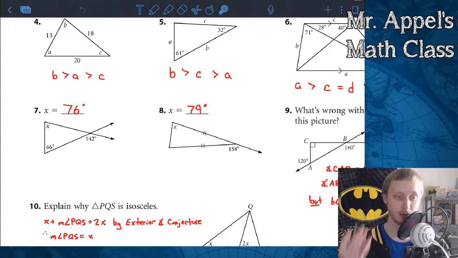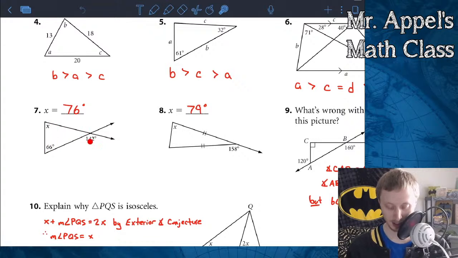You combine those two facts and you get the exterior angle conjecture, which just says an exterior angle on a triangle like this will be equal to the sum of the non-adjacent interior angles. So from there, we can jump to say x plus 66 equals 142. That's kind of a nice little shortcut there, but not something you couldn't have figured out the long way.